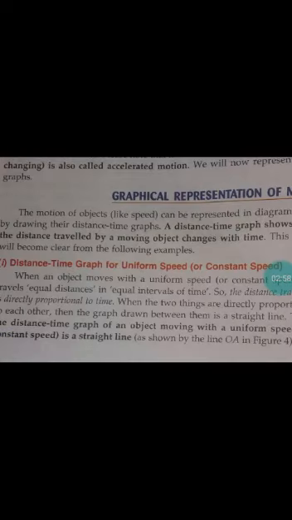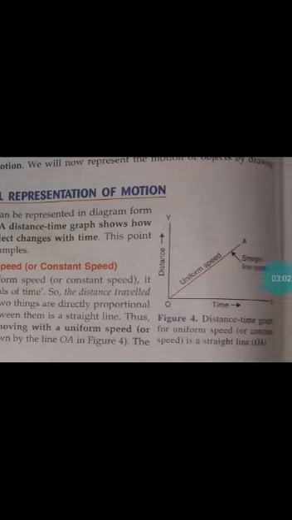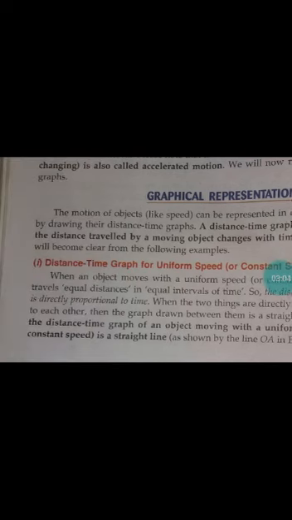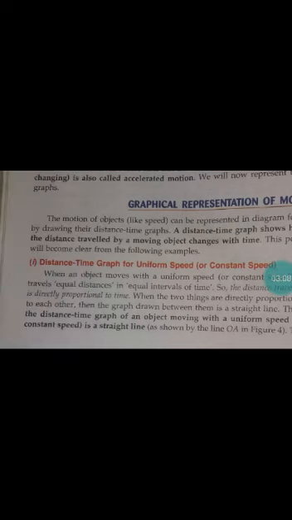So see students, here in your book, on page number 212, is the topic graphical representation of motion. Here, distance time graph for uniform motion or constant speed. Uniform means constant speed, right? It is written that when an object moves with a uniform speed, it travels equal distances in equal intervals of time. So the distance traveled is directly proportional to time.